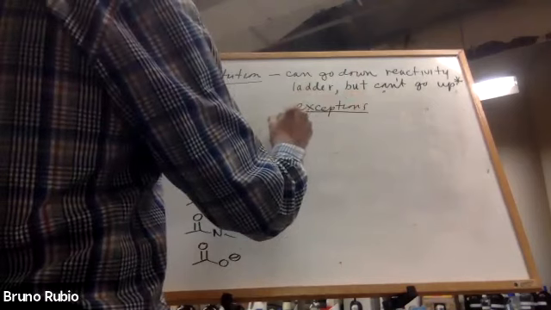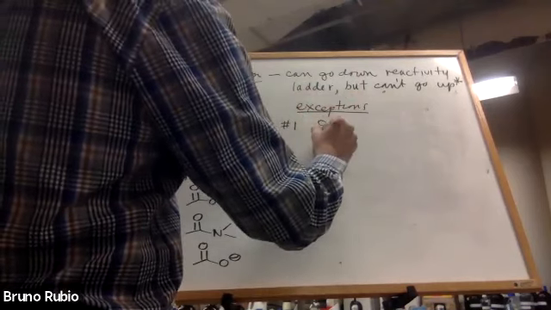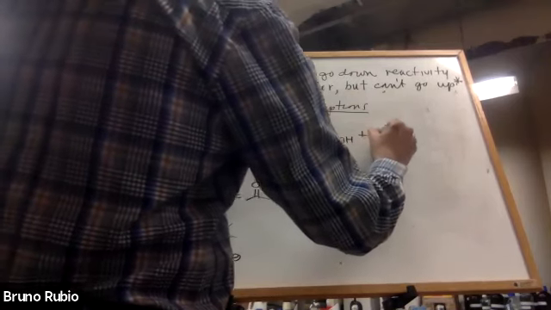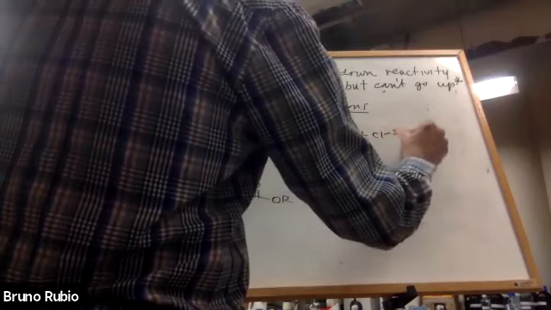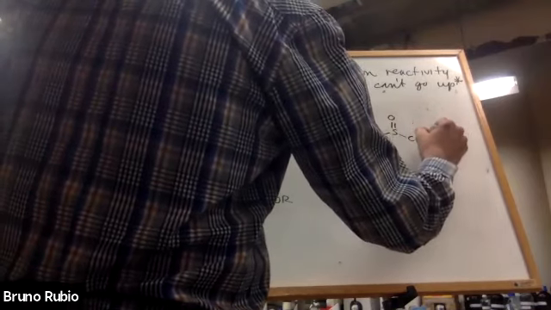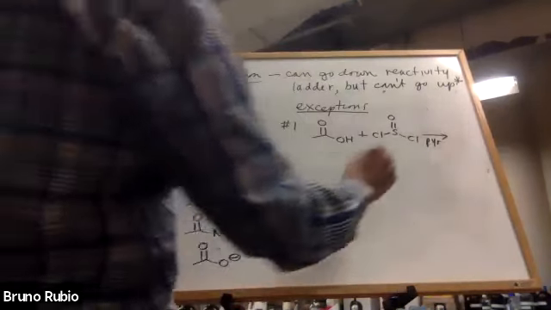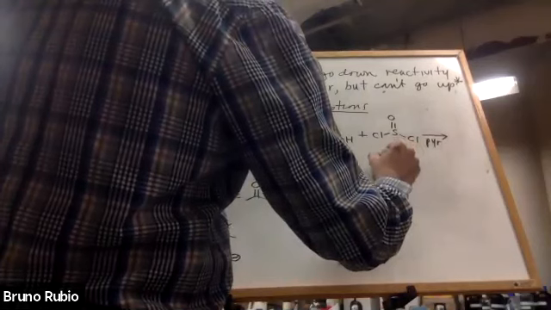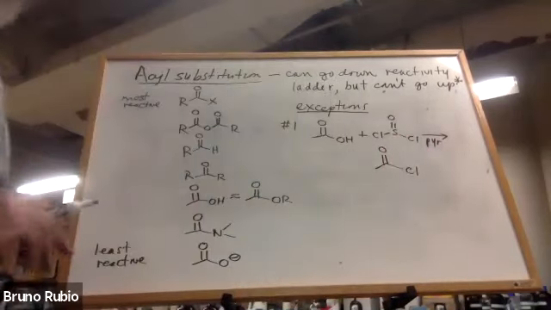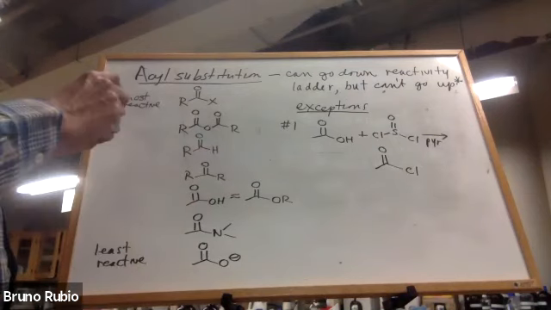Okay, first is that if we take a carboxylic acid and react that with thionyl chloride, oh, we've seen this reaction a bazillion times, right? It's that Darzon's halogenation. The product here is going to be an acid chloride, right? The OH goes away and the Cl takes its place.